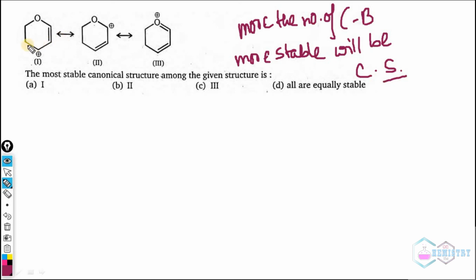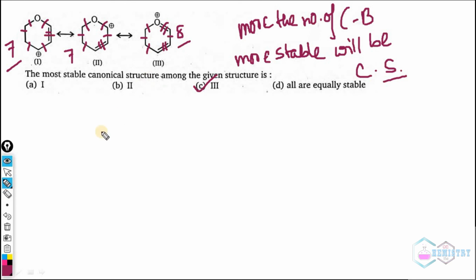So if we count the number of covalent bonds, this will be the easiest way to do it. This one has 7 covalent bonds: 1, 2, 3, 4, 5, 6, 7. This one also has 7. This one has 1, 2, 3, 4, 5, 6, 7, 8, so 8 covalent bonds. So 3 will be our correct answer.